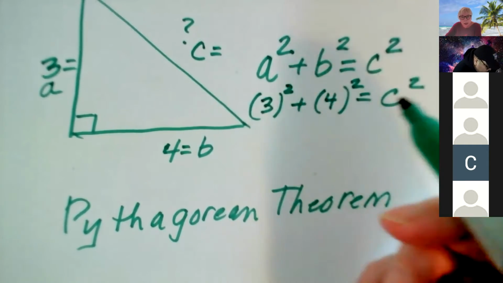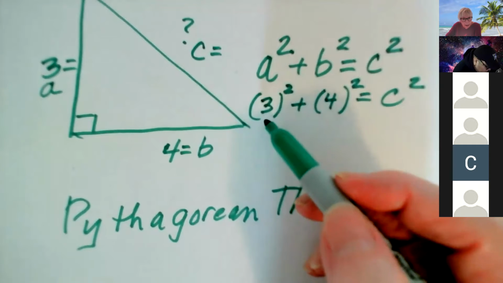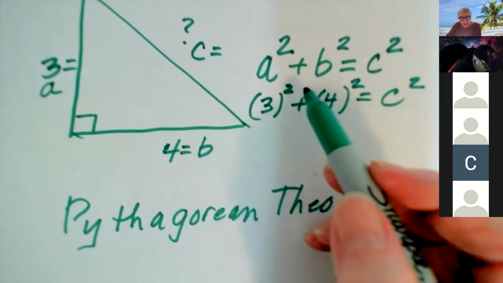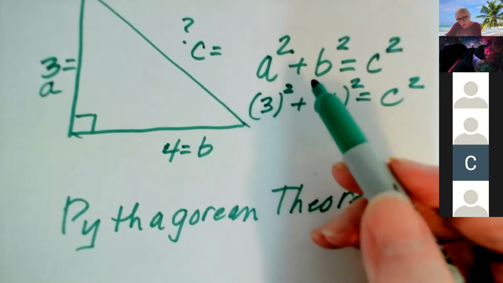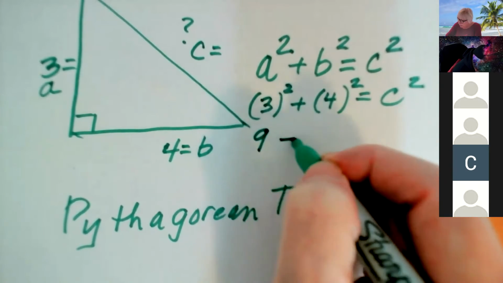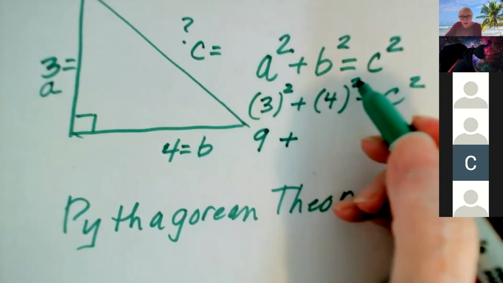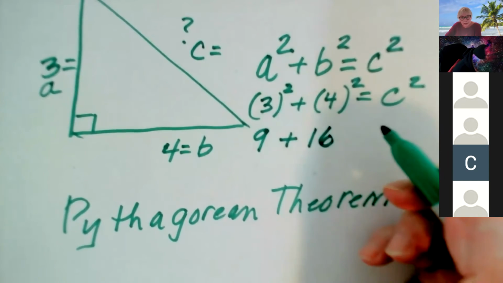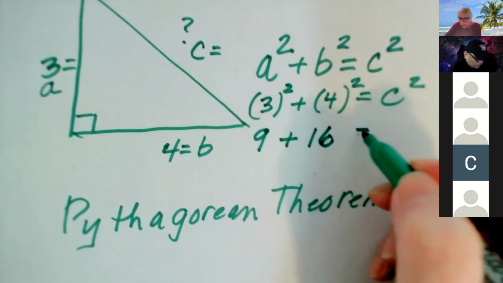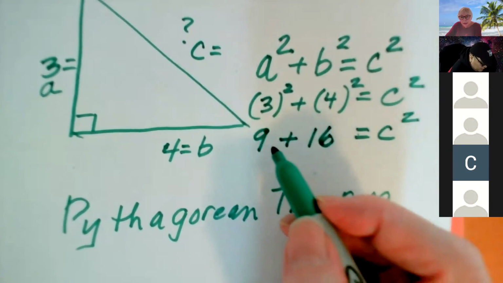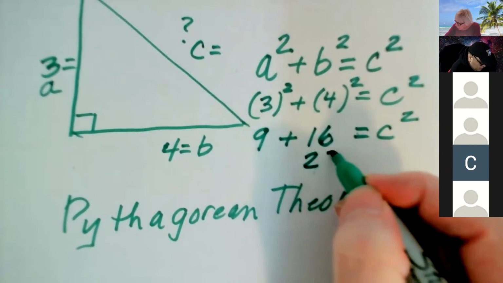Okay. So I put 3 in for A and 4 in for B, and I'm going to try to calculate C. So 3 squared, we talked about this earlier, 3 squared is 9. 4 squared is 16. This is working out better than you think. Equals C squared. 9 and 16 is 25.